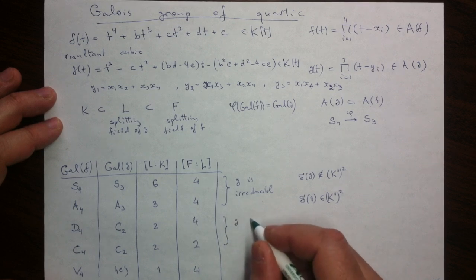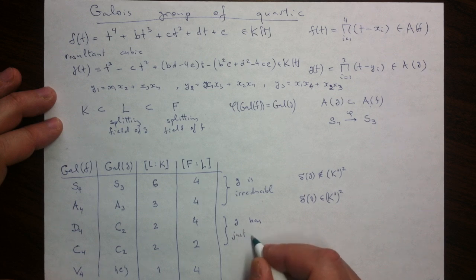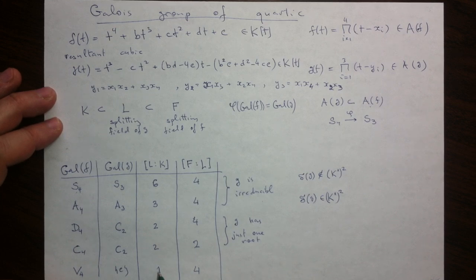So G in these two cases has just one root. And the last case is when the degree of the splitting field of G is 1, and that is only possible when the resultant cubic completely splits over the base field, having all its roots in the base field.